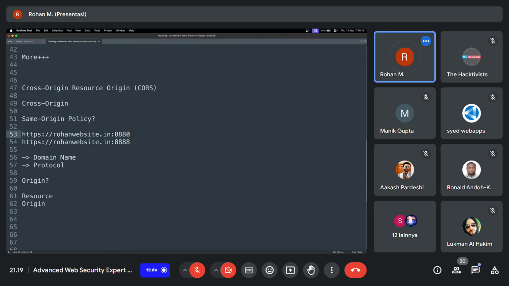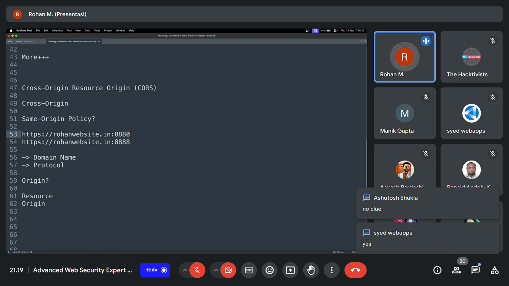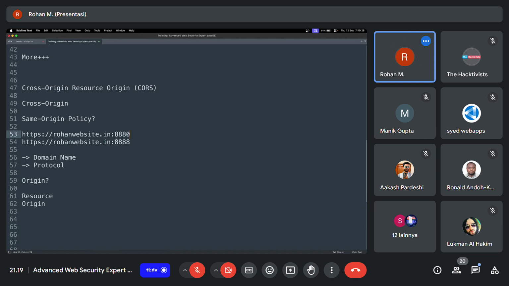One no, two no's, two yeses, two yes and two no. One of the participants mentioned no clue. No problem. Another one says yes. Okay, so the third thing that we will be looking at is the port number.